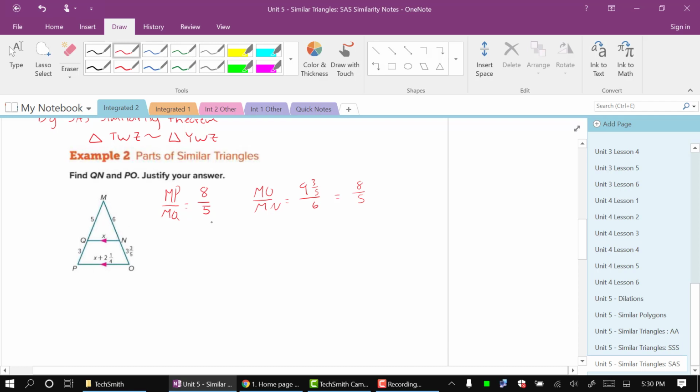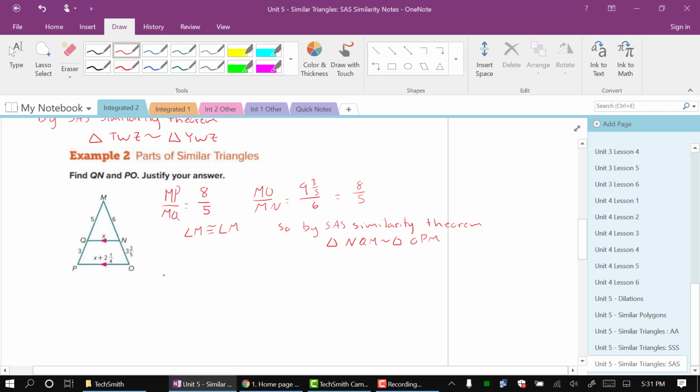The angle is M, and that is congruent to angle M because it's exactly the same angle. So by the side angle side theorem, triangle NQM is similar to triangle OPM.